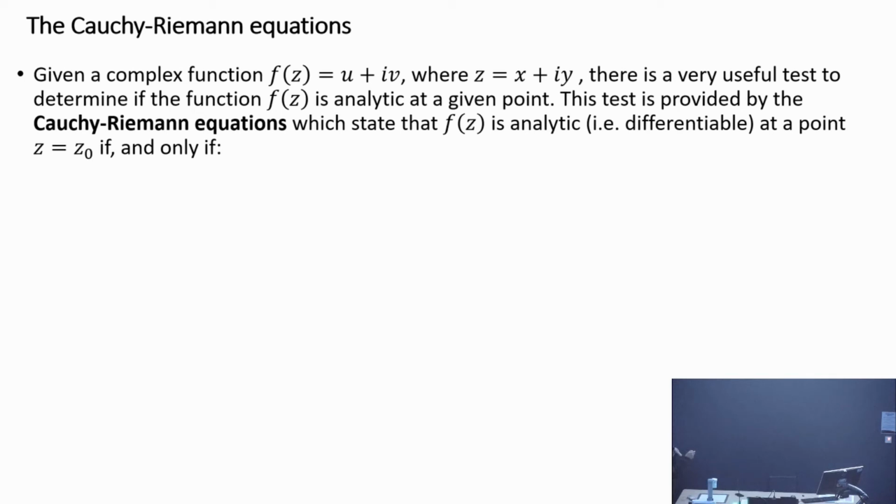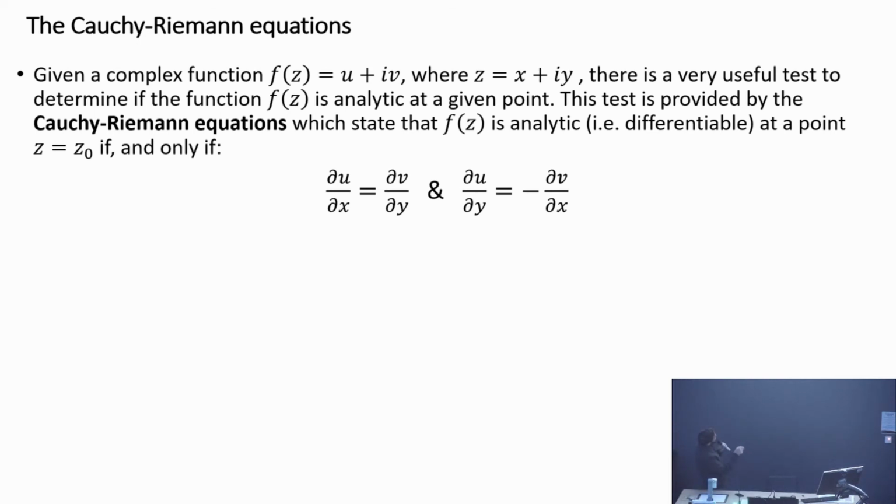If you satisfy these two equations for any function f of z, that function is called analytic, or differentiable, at a given point. And as I said, in general you want it differentiable over a region of space, and maybe over the whole space. So you can see these Cauchy-Riemann equations tell you something about the function.